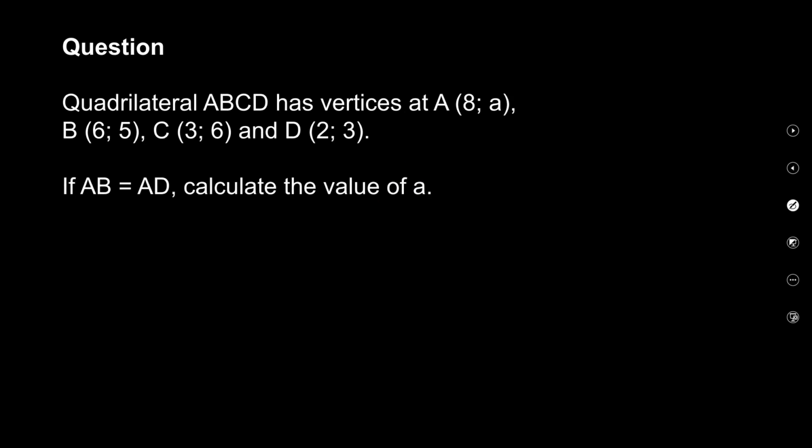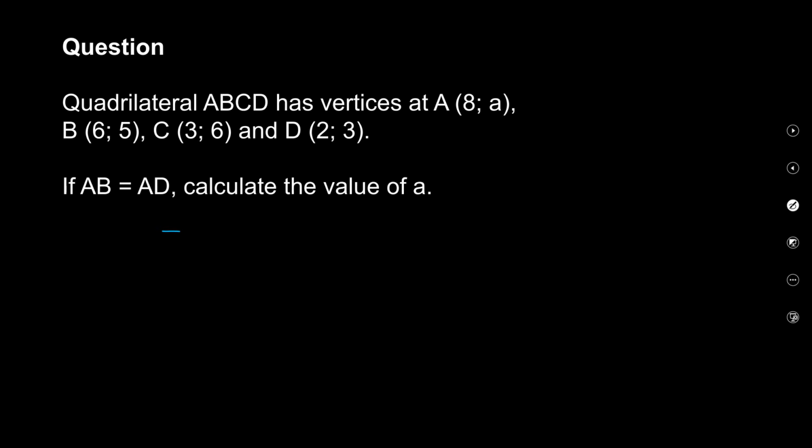Now, quickly here, they say if AB is equal to AD, calculate the value of A. To do that, I know that AB will be, let me just use the distance formula quickly.